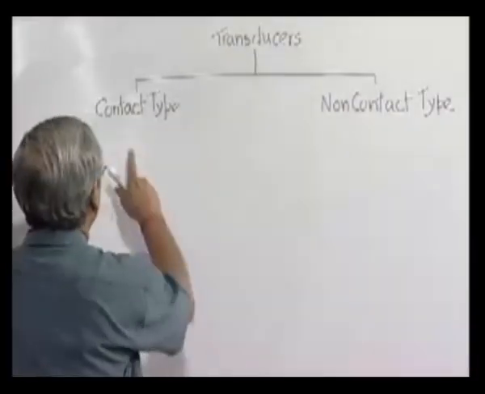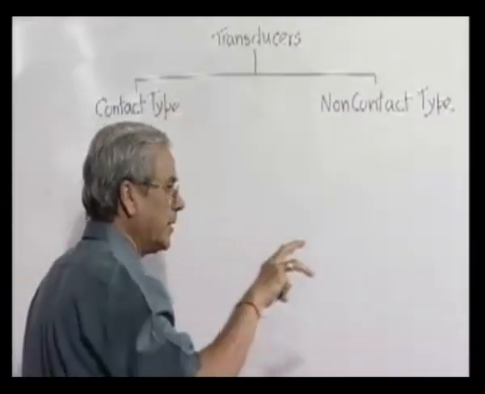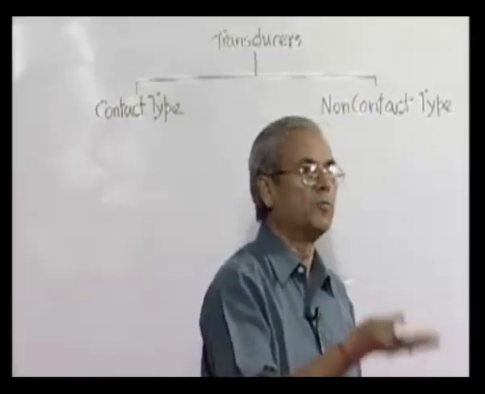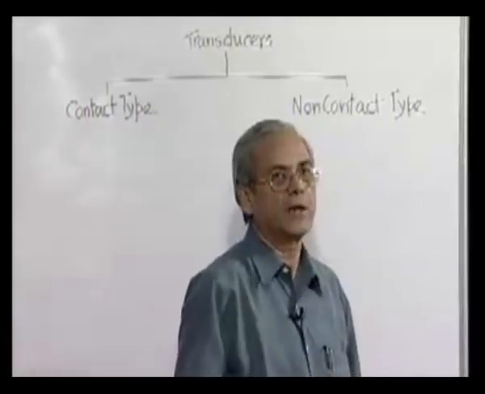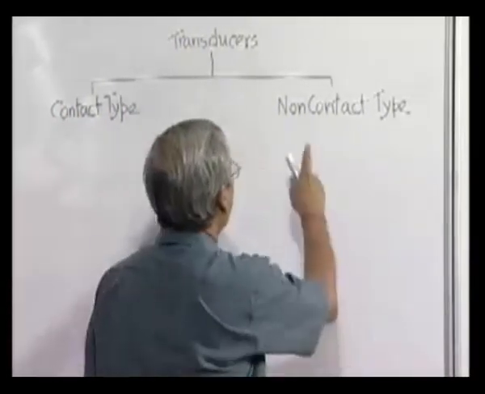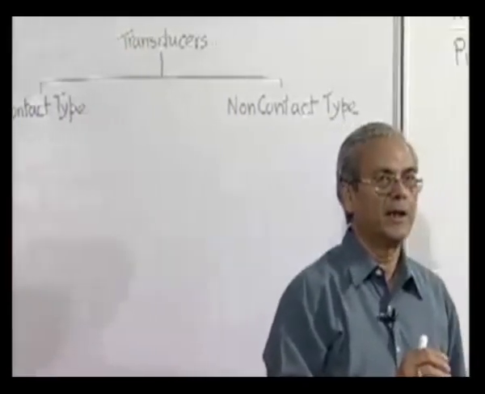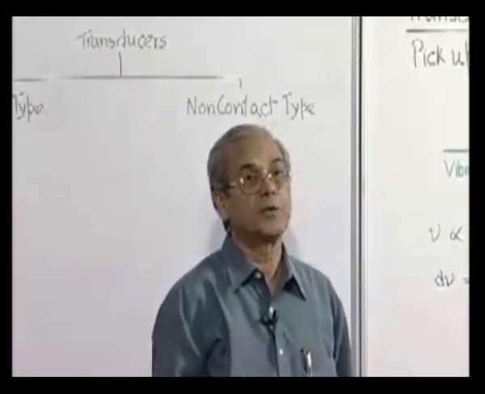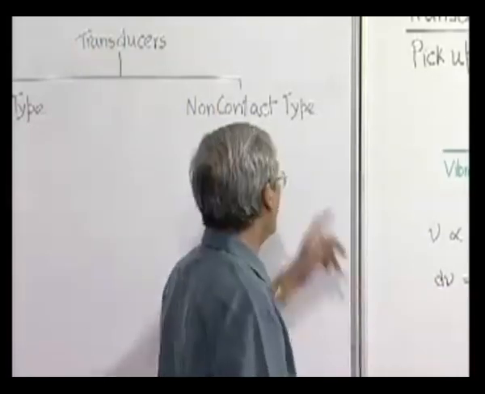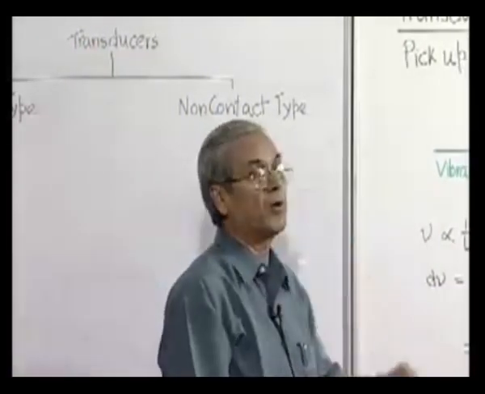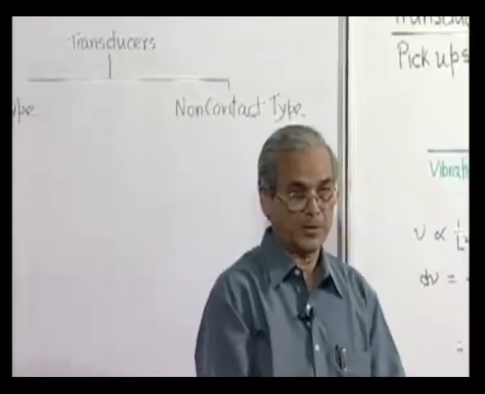Since the contact pickup is attached to the body, the amount of movement is not restricted. On the other hand, here it is placed very near the vibrating object, so it will be possible to measure properly only very small movement, because large movement is going to cause problems for this type of vibration pickup.